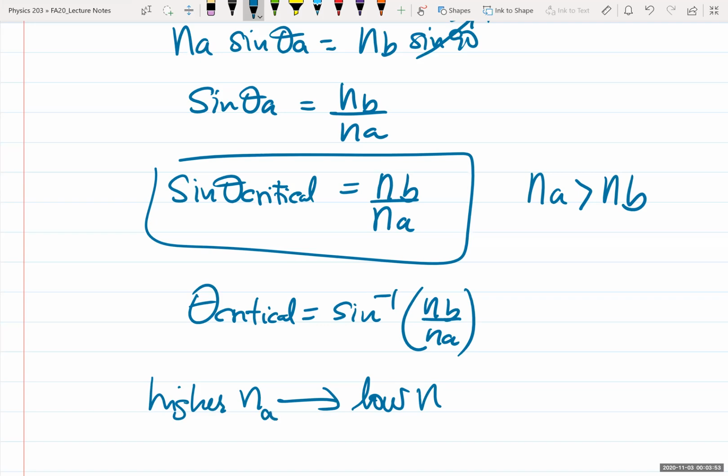So N sub A has to be higher than N sub B. Otherwise, you will not get this situation.